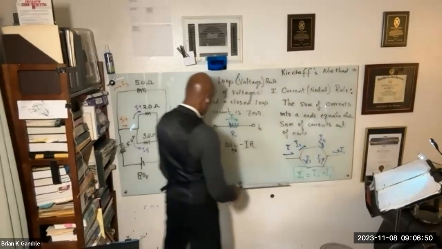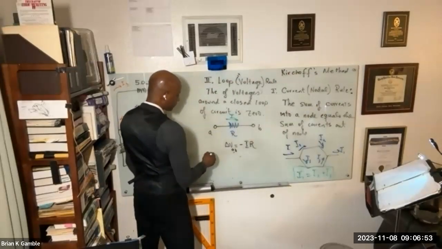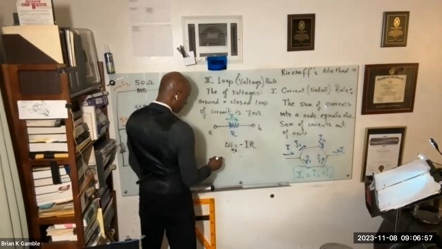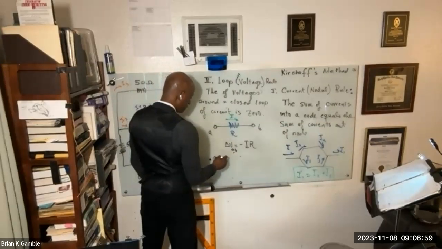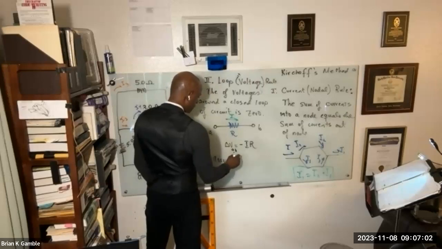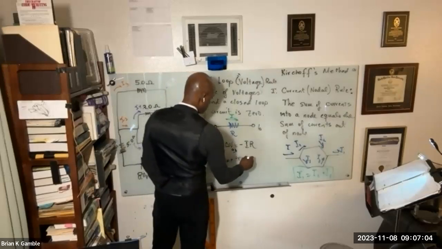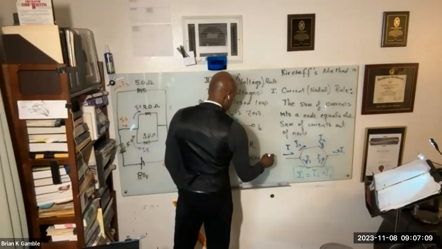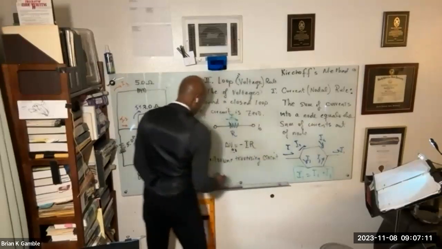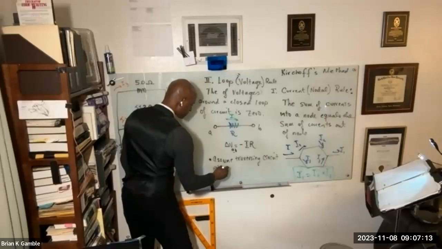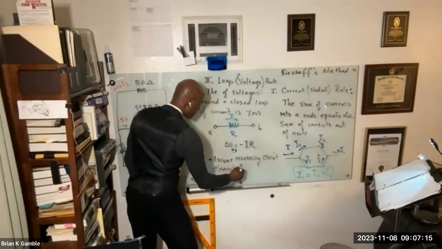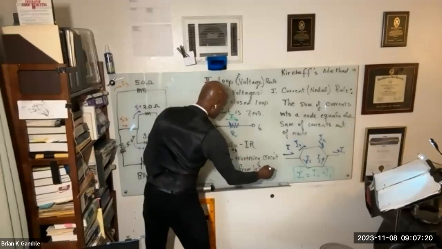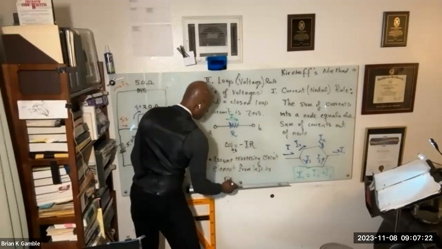So assume traversing left to right across the circuit element, because that makes a difference in these examples.